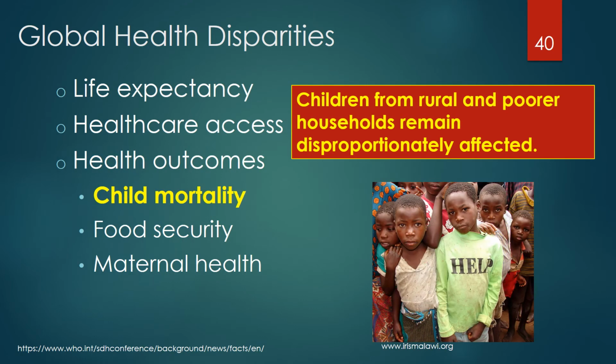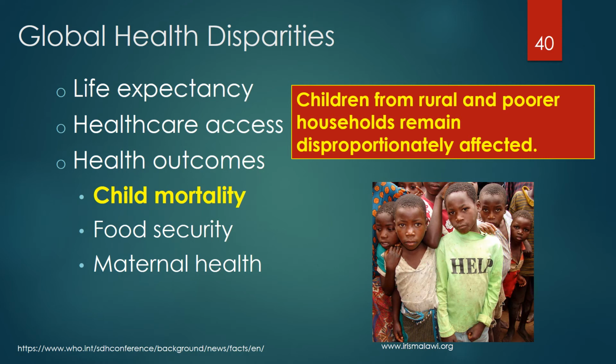Every single day, 21,000 children die before their 5th birthday of pneumonia, malaria, diarrhea, and other diseases. Despite substantial progress in reducing under 5 mortality around the world, children from the poorest 20% of households are nearly twice as likely to die before their 5th birthday as children in the richest 20%.